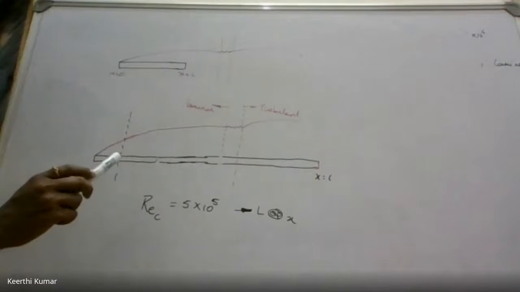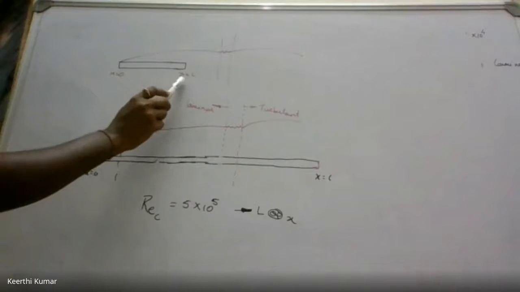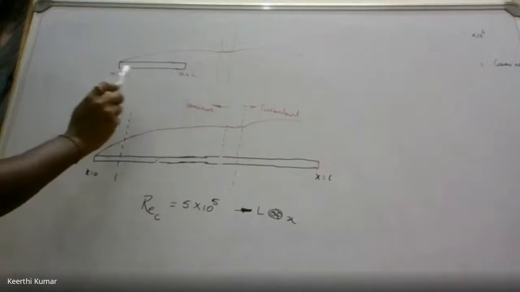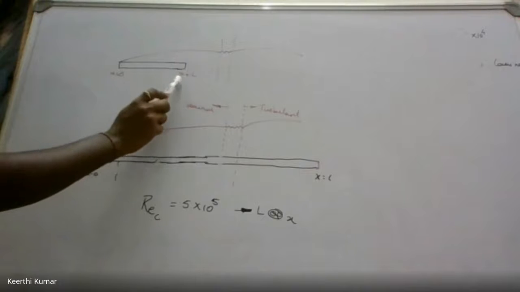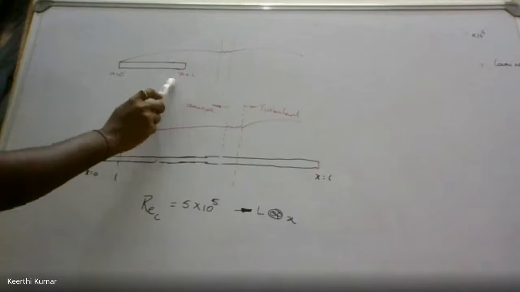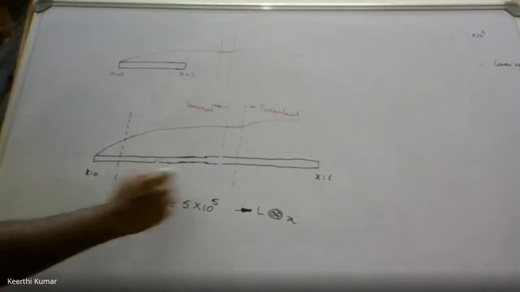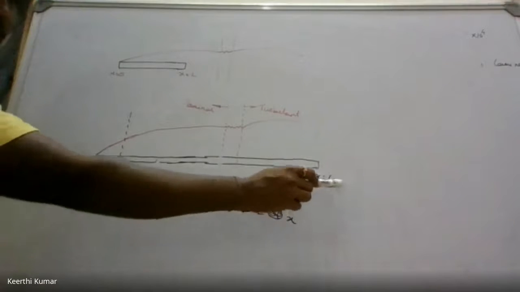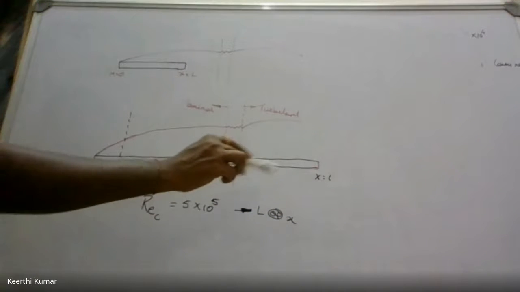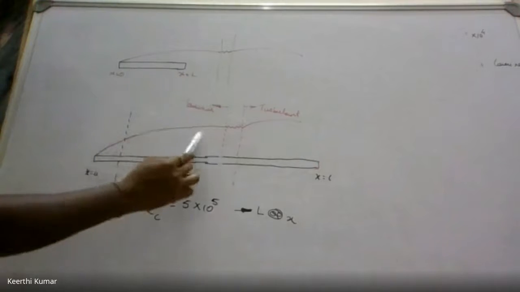In the very first problem I solved, even though I took x equal to L, we got laminar flow only. Clear? In the next problem, the plate was bigger in length, so we would come across both laminar and turbulent flow.